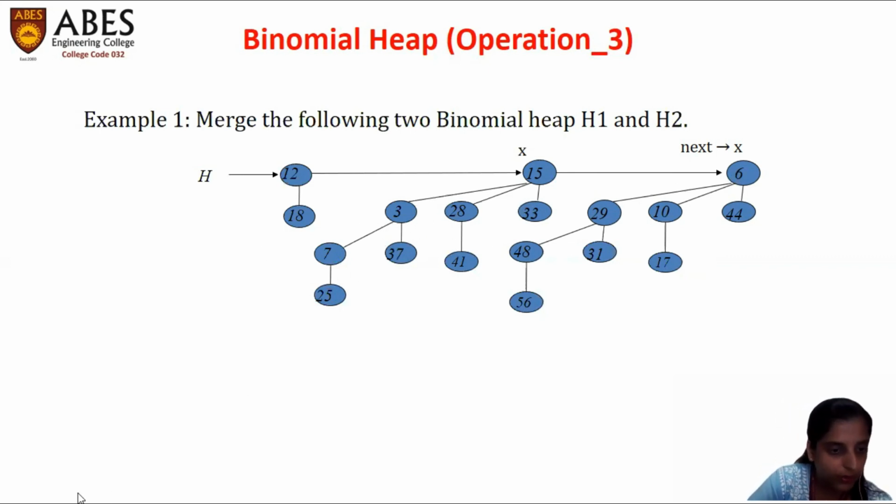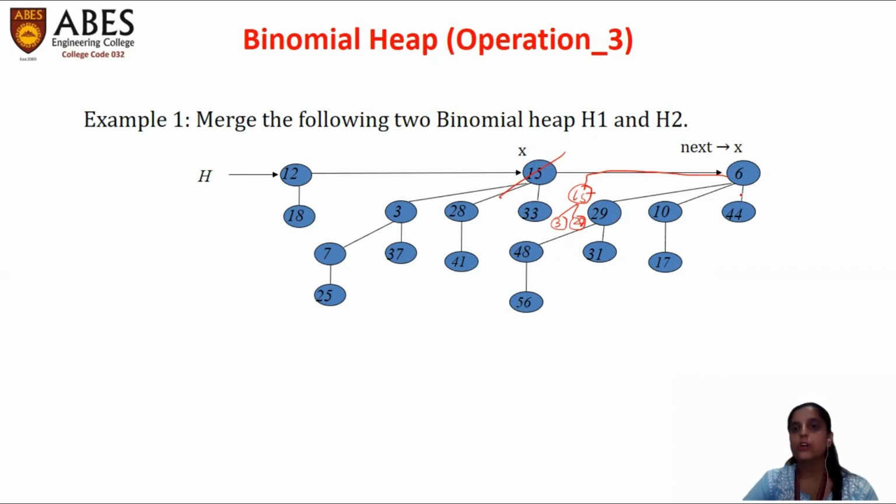One second, let me take my pen. What we'll do, we're going to attach 15 here. 15 will come here. Now we'll attach like this, 3, then we have 28, like this. So like this, we'll attach this tree and we'll remove 15 from here.